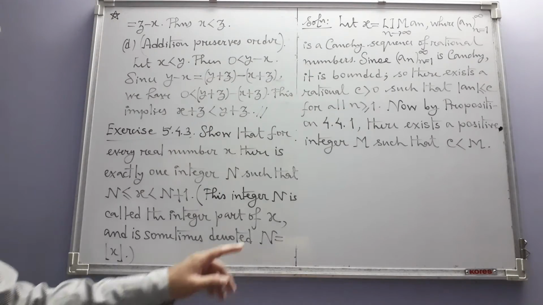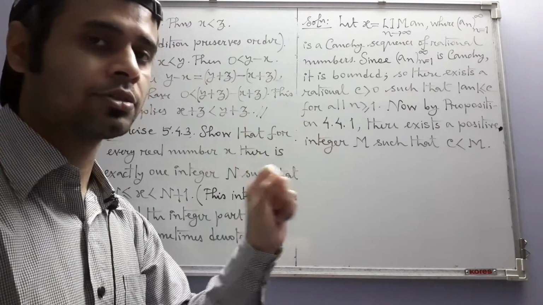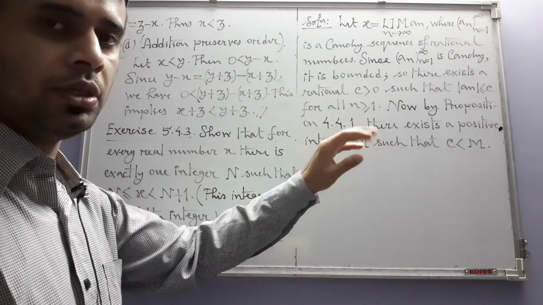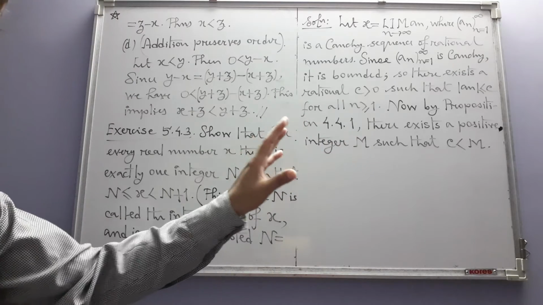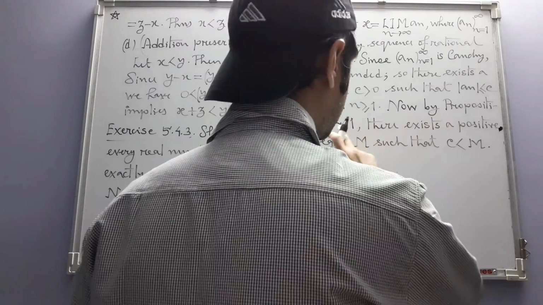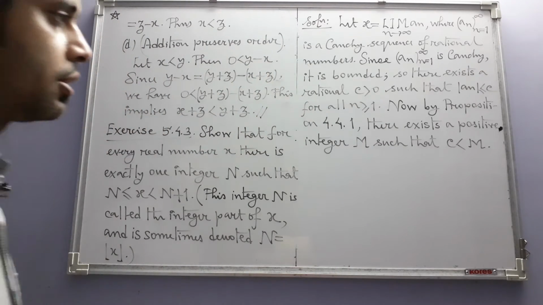Note carefully that this is true only for a rational number, because in chapter 4 we studied only the system of rational numbers. Proposition 441 does not apply to real numbers, it's about rational numbers.